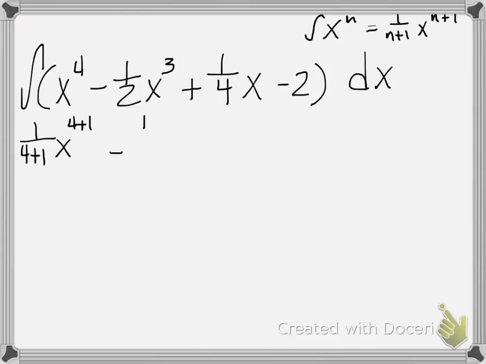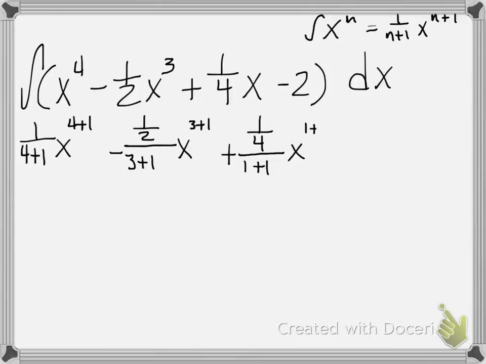minus 1 over 2, that's going to be over our 3 plus 1 x to the 3 plus 1, plus 1 over 4 over our n, which is just 1 plus 1 x to the 1 plus 1, minus 2.